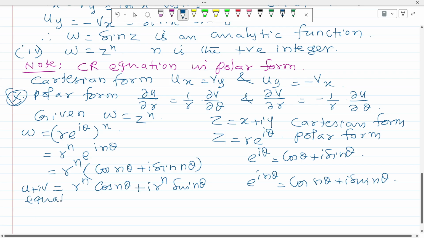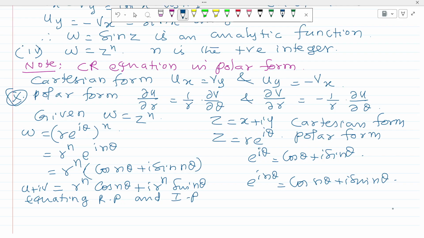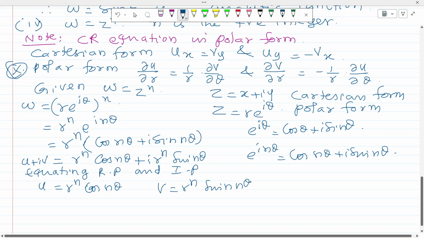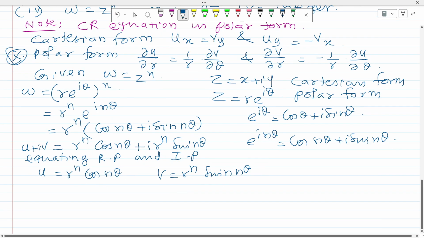Equating the real part and the imaginary part, you will get u equal to r power n cos n theta, v equal to r power n sin n theta. Take u as equation number 1, v as equation number 2.